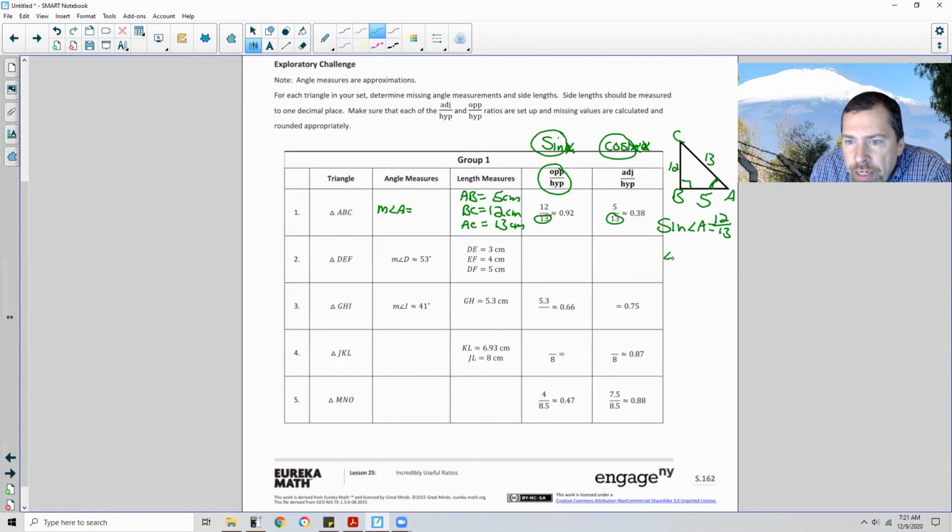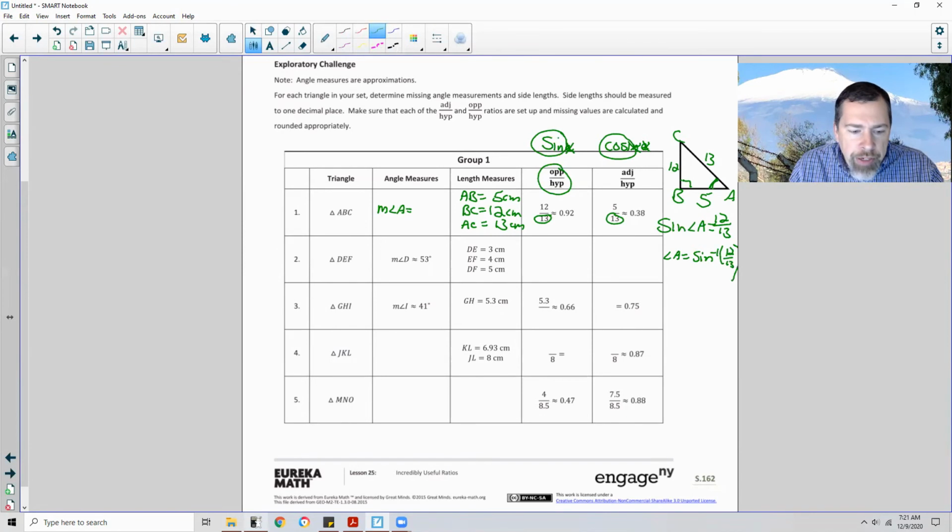So then I'd say angle A equals, and when I move the sine over, the inverse of addition is subtraction, the inverse of multiplication is division, the inverse of squaring is the square root, and so on and so on. Well, the inverse of sine is just that. It's called sine inverse, and it's taken to the power of -1. So that angle A is going to equal the sine inverse of 12 over 13.